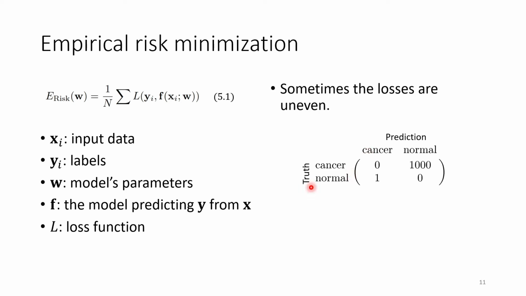So in the real world, sometimes the loss is uneven, but usually for our network training, we assume the losses are averaged as the loss function.